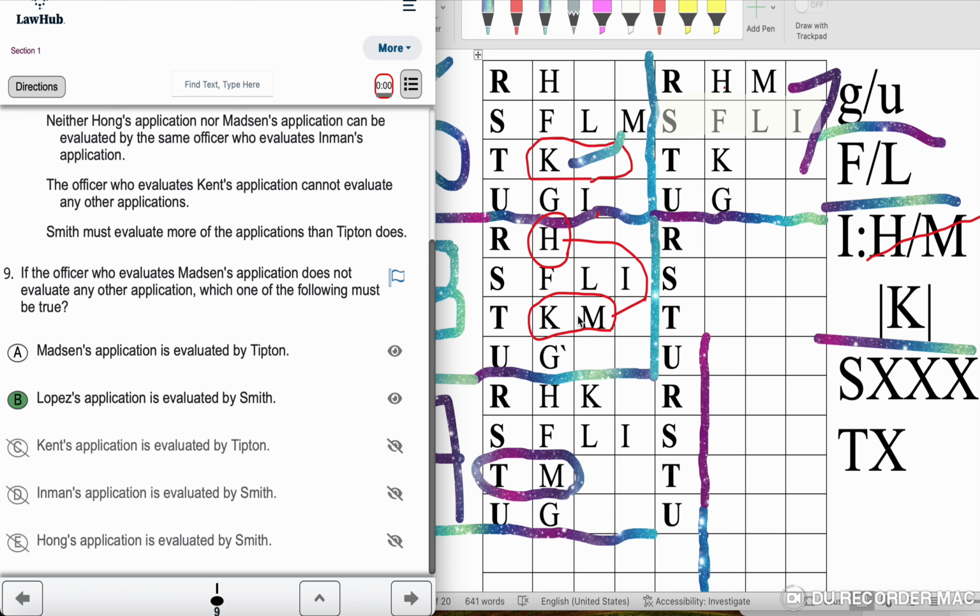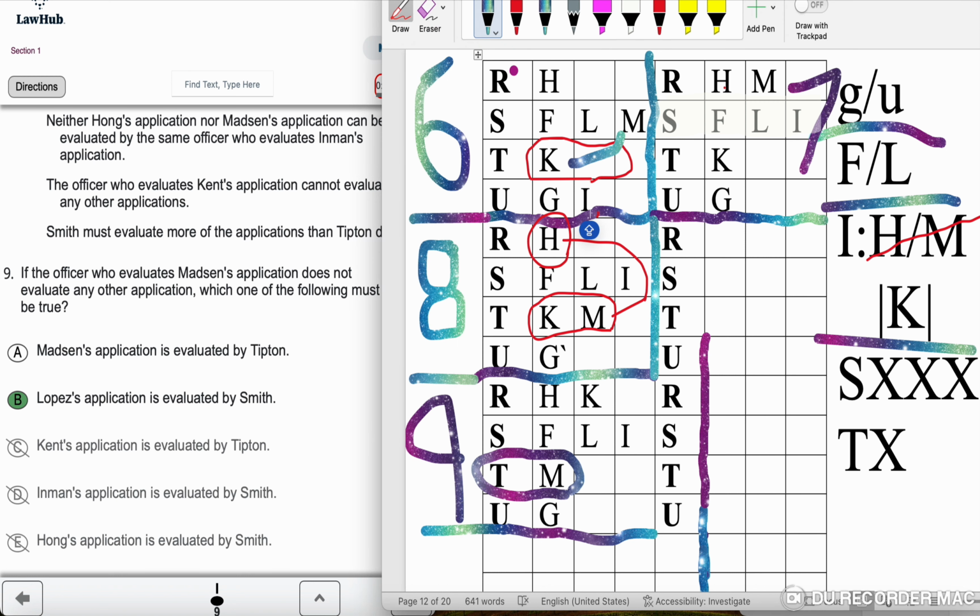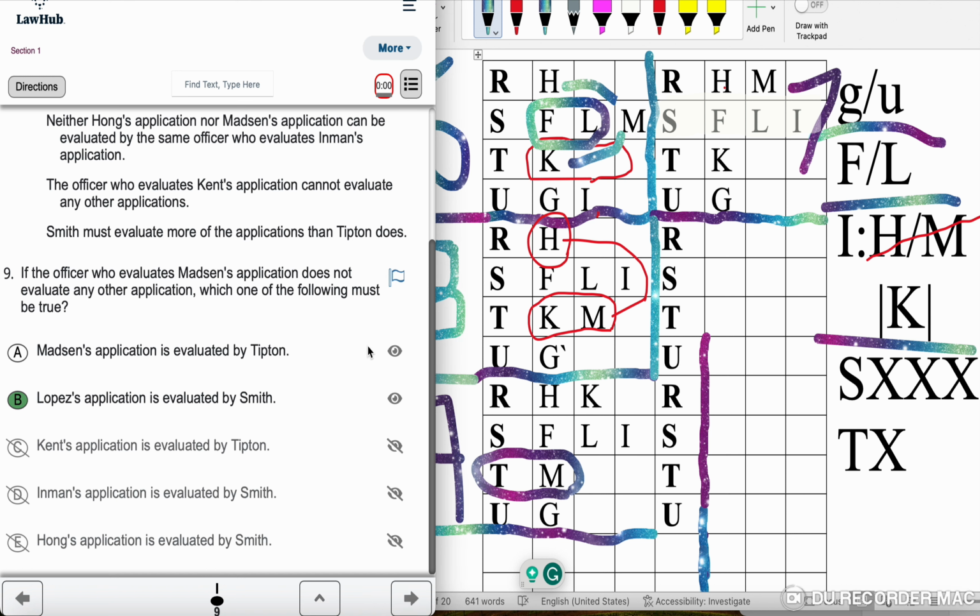So what about if we modified this? Regardless, we still have M in a position where it has to be evaluated by T. However, we can also go over here and do a flip as long as it's not with the same officer as I. And then you have M with R instead of having M with T. But regardless, F and L still have to be with S. There's more reason for L having to be with Smith, because if you look at this world right here, M could be with R and then H could be with this S. So M does not have to be with T. Take that one out.